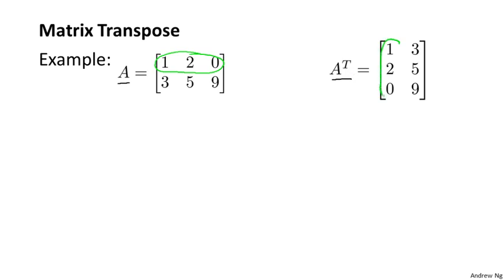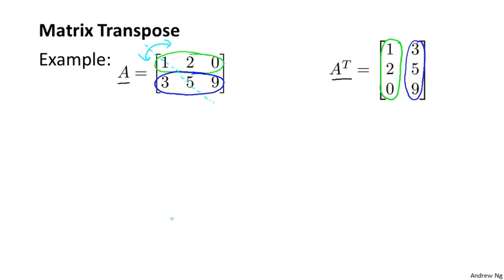That becomes the first column of the transpose. And then I'm going to take the second row of A, 3, 5, 9, and that becomes the second column of the matrix A transpose. Another way of thinking about how to compute the transpose is as if you're taking a 45-degree axis and you're mirroring or flipping the matrix along that axis.